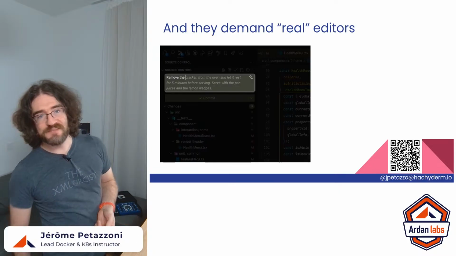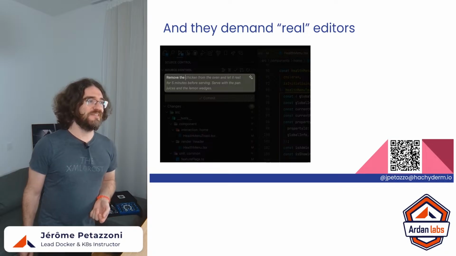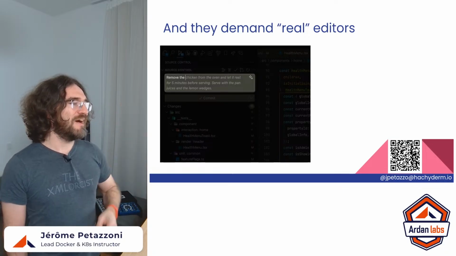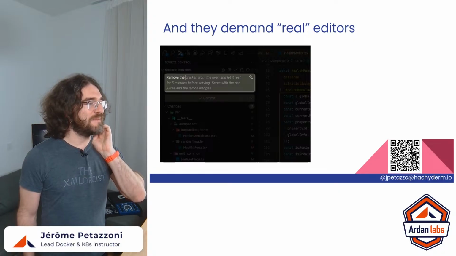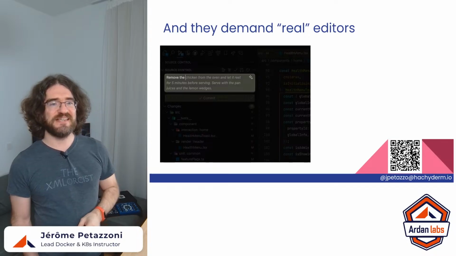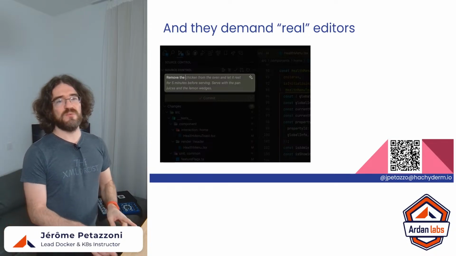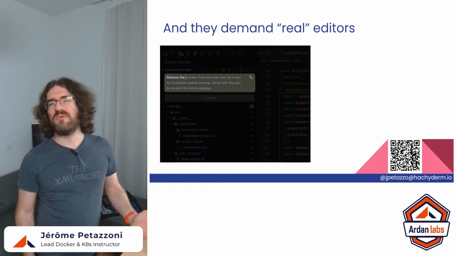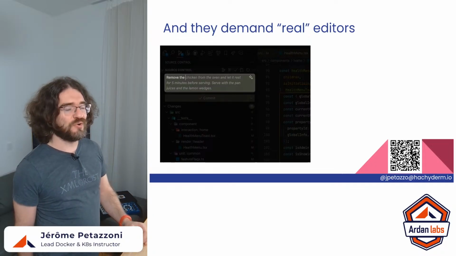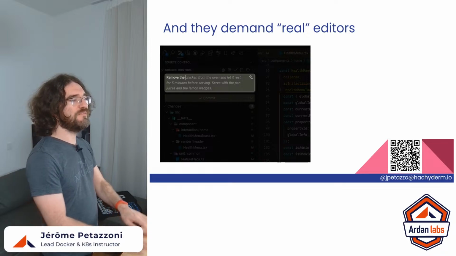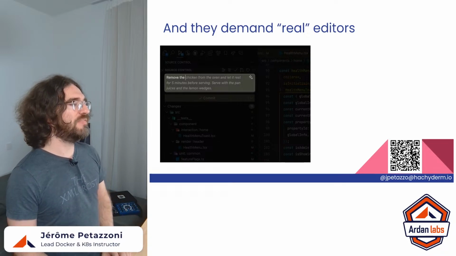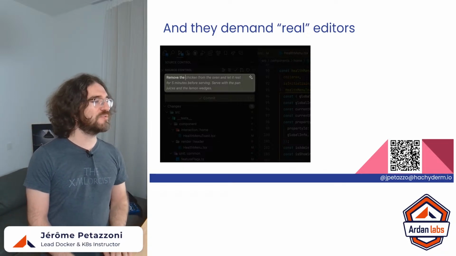Also I had some people ask me, hey, can you use AI? And this is an actual screenshot from something that happened once. I think it was maybe with Copilot, but basically we wanted to remove the container or remove the service, I don't even remember. And this is what happened. You start typing "remove the," and AI completed with "remove the chicken from the oven and let it rest for 5 minutes."